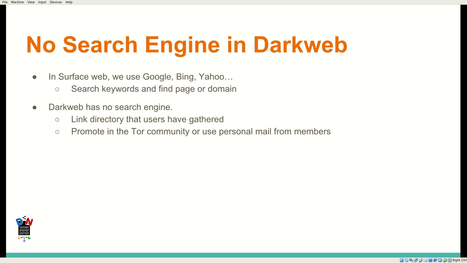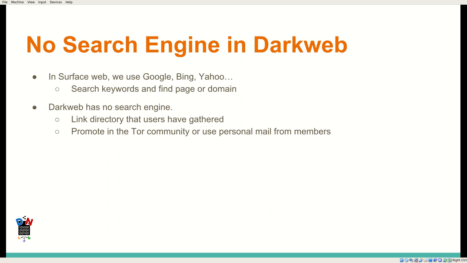First, we need to collect onion addresses in order to crawl Tor's hidden service. But where can we find the onion address of a hidden service? In general, we use a search engine to find web pages: search keywords and find relevant pages to collect.